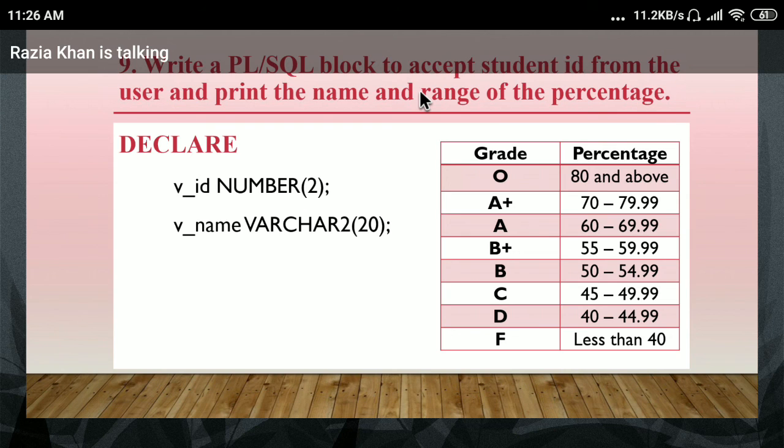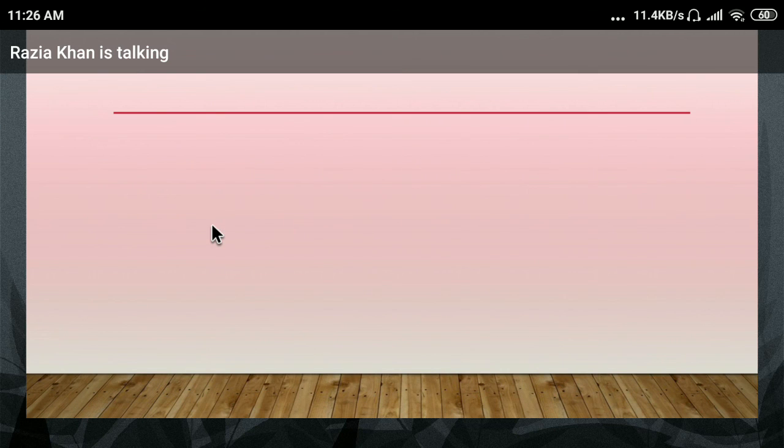This is the variable that stores your name. Next, the grade, because after checking the grade you need to print the percentage range. So first you need to select name and grade from the table. Is the declaration part clear, everyone?